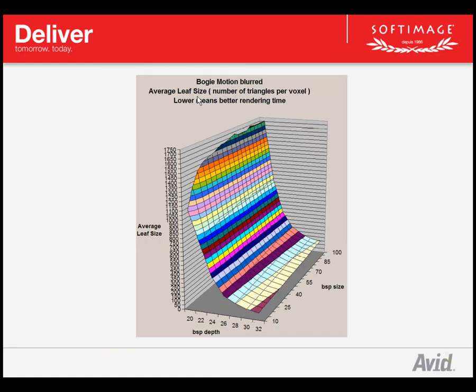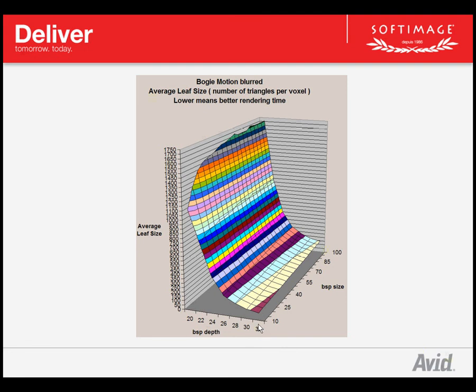As you can see here, I'm going to switch between the static and motion blur, static, motion blur. You see that because the triangles travel so much in space during the motion blurring, the shape of the curve here is totally different. It's a little bit steeper. So setting the BSP tree to something like 32 and 10 will lower this value.